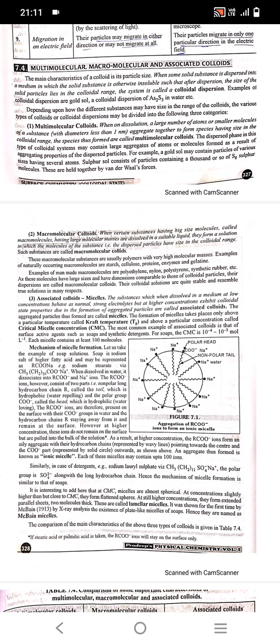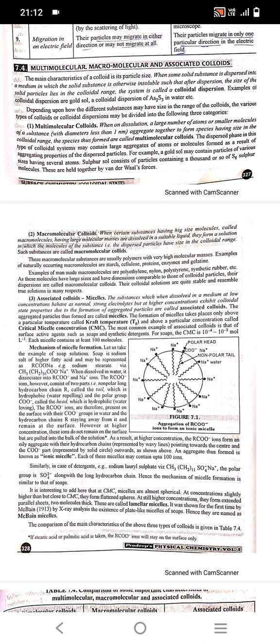Multimolecular colloids: when on dissolution a large number of atoms or smaller molecules of a substance, with diameter less than 1 nanometer, aggregate together to form species having size in the colloidal range, the species thus formed are called multimolecular colloids.